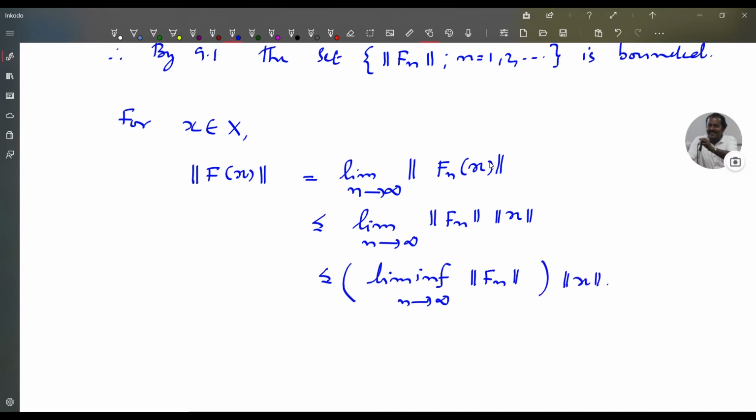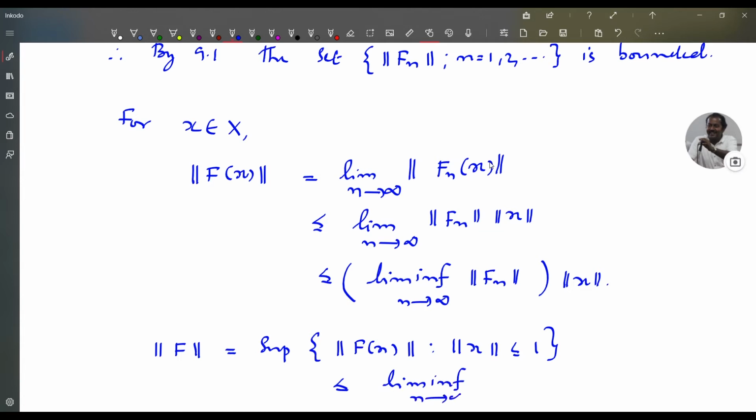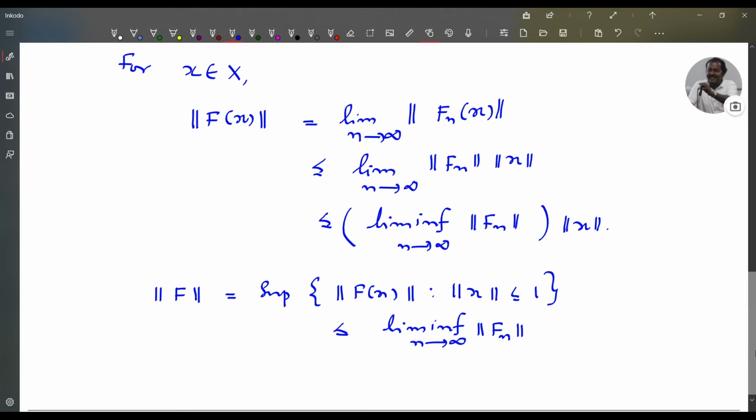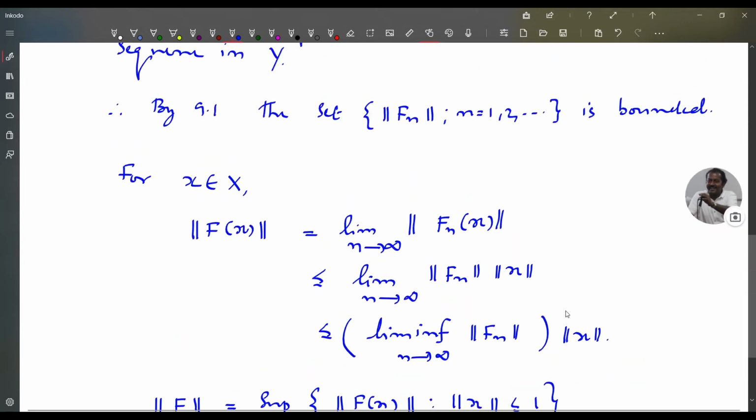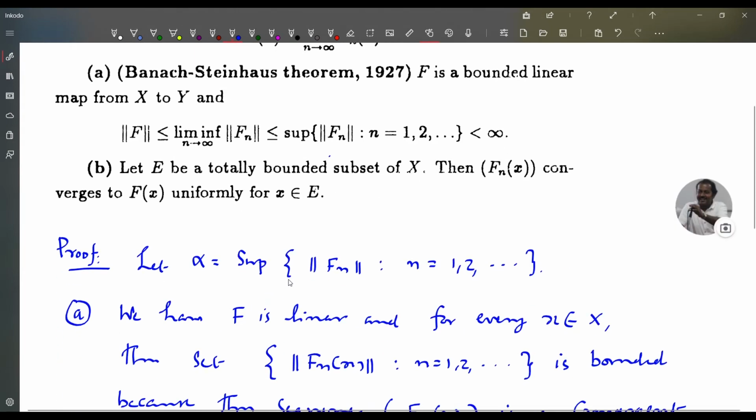We may go through the definition of limit inferior, and we have norm f is the supremum of modulus of f(x) such that norm x is less than or equal to 1. So this is less than or equal to the limit inferior as n tends to infinity of norm fn, and this is less than or equal to alpha, and alpha is less than infinity, where alpha is the supremum of norm fn.